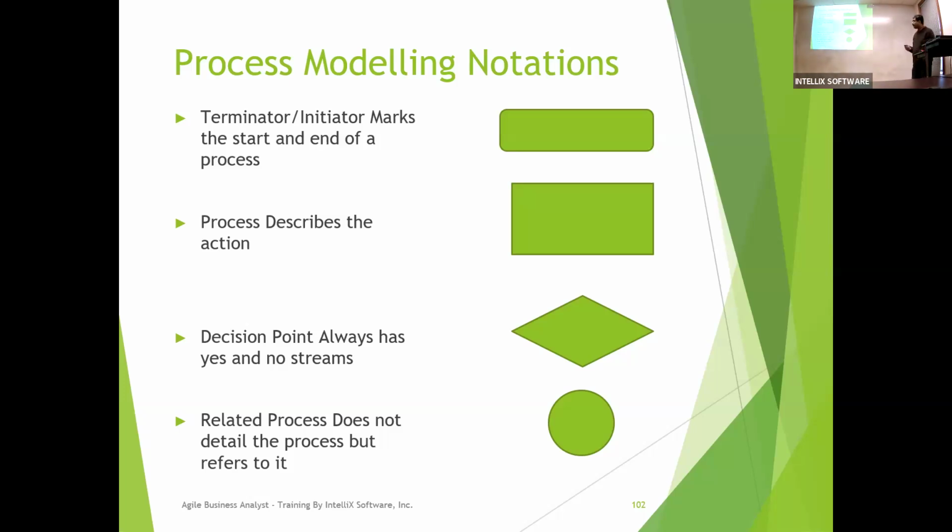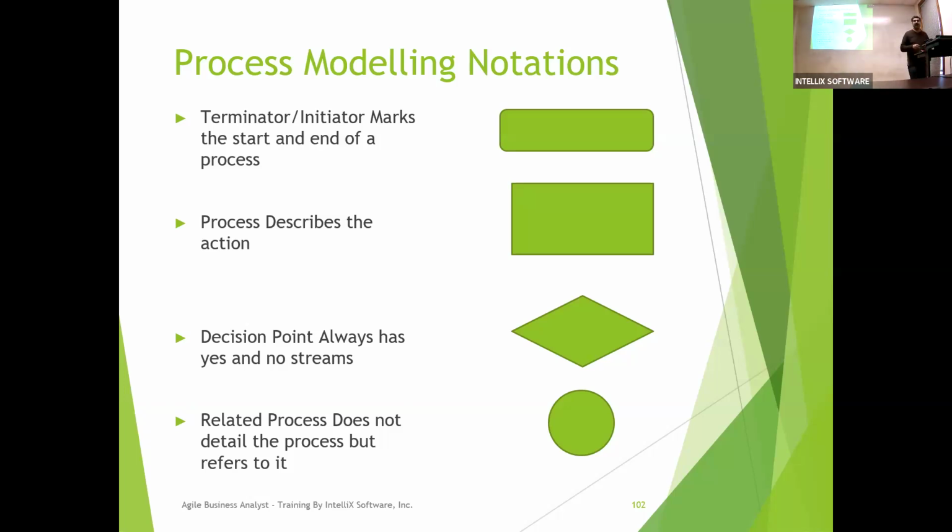The one at the top is essentially the start and end of a process. The one in the middle talks about the actions. If you have to make certain decisions, a lot of times you say, based on the input, if they do this, they go this path; if they do this, they go this path. So the decision making shows the yes, no branching.